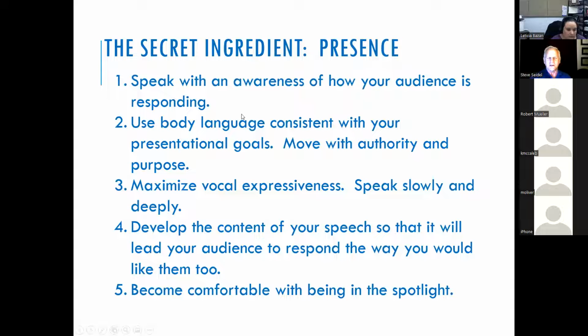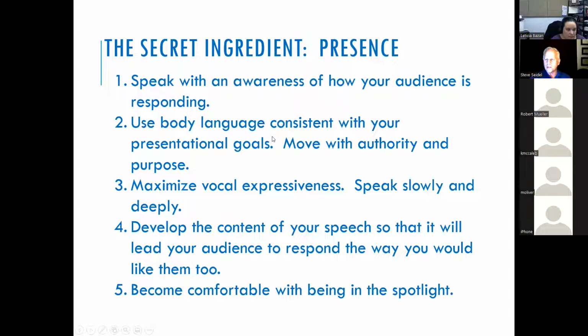Stage presence probably means that you speak with this awareness of how your audience is responding, right? That is, you react to what your audience needs. You're out there, and of course, hopefully you're getting them excited, but when you notice that they are curious about something, you're able to react to clarify what they need and serve their needs as well.